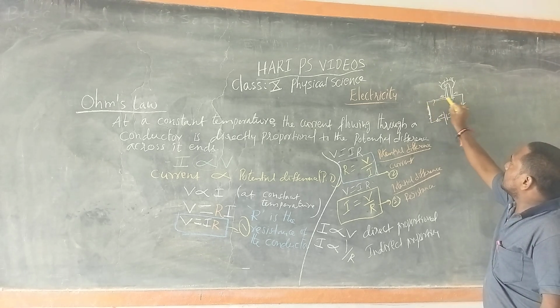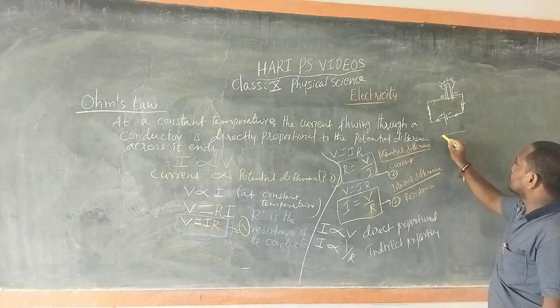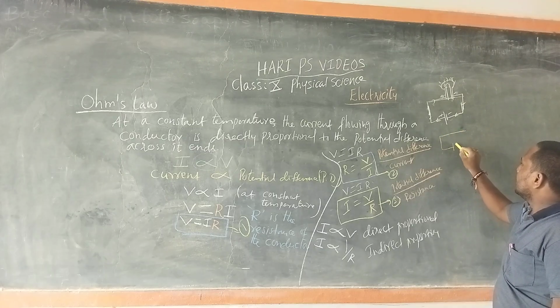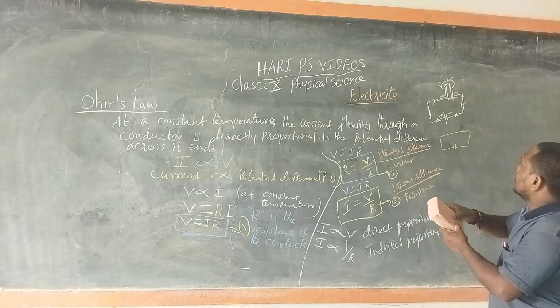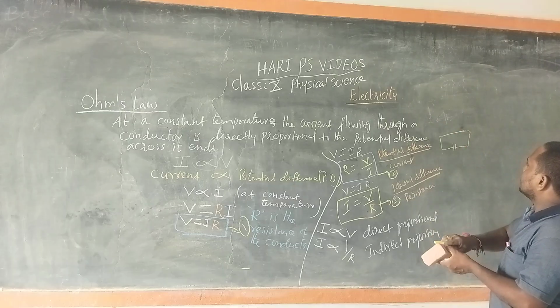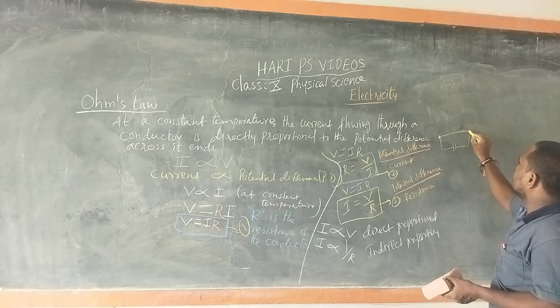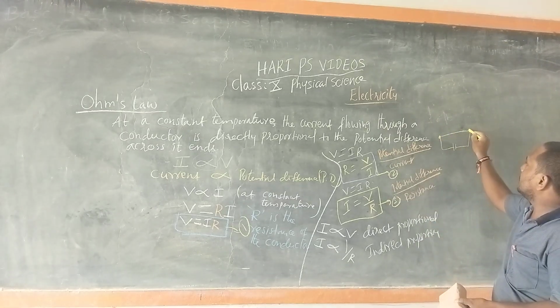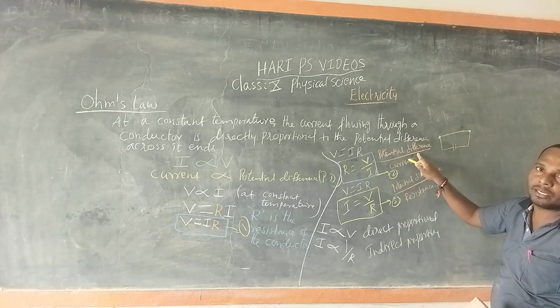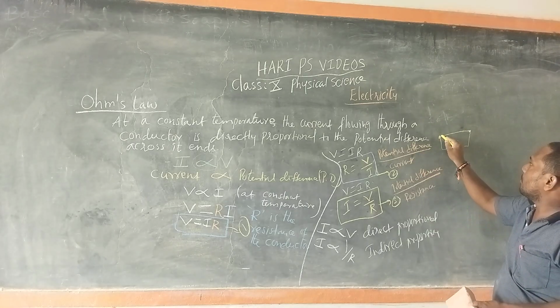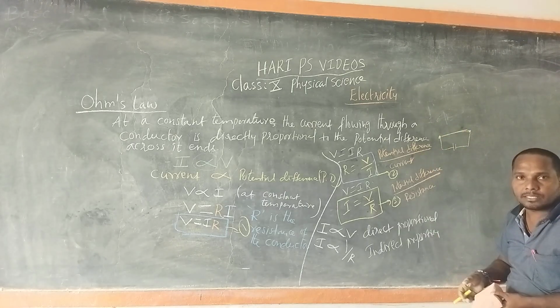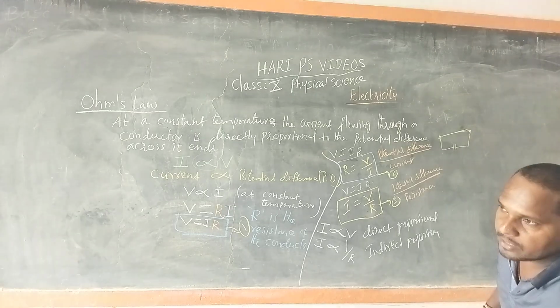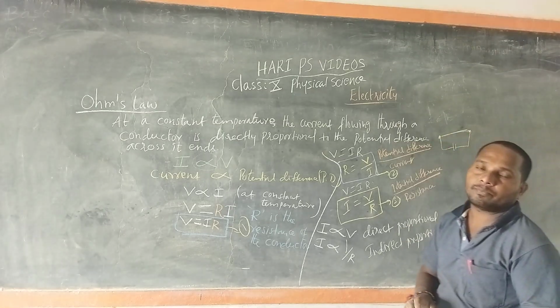Just imagine it is only a wire connected like this, with one end and the other end. Between these two ends there is a potential difference. The amount of electric current passing through a conductor depends on the potential difference.